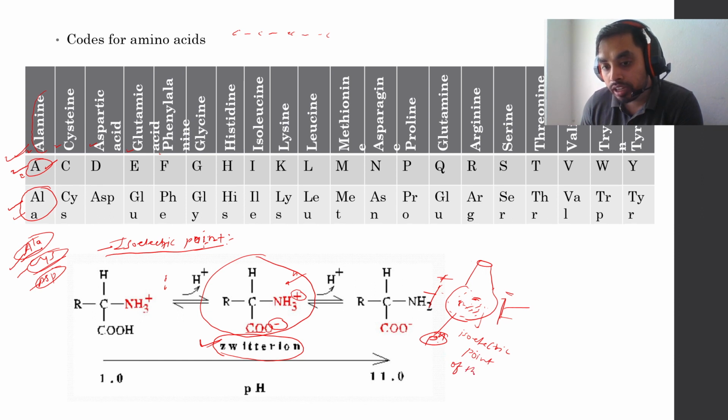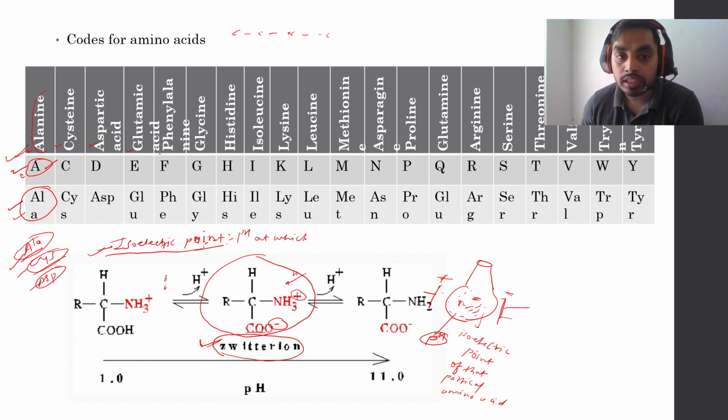So every amino acid has its own isoelectric point and these are their characteristics.